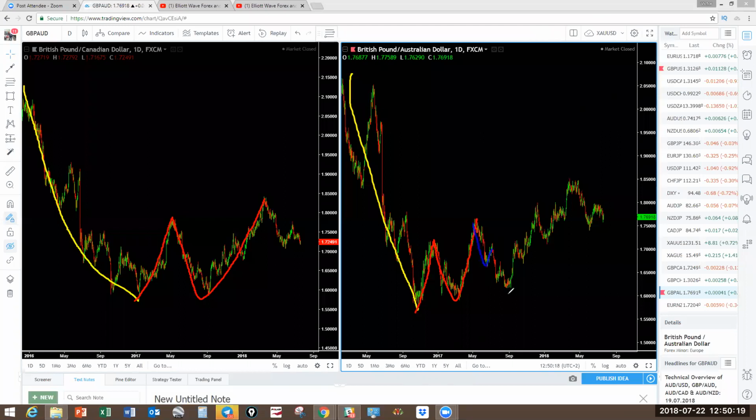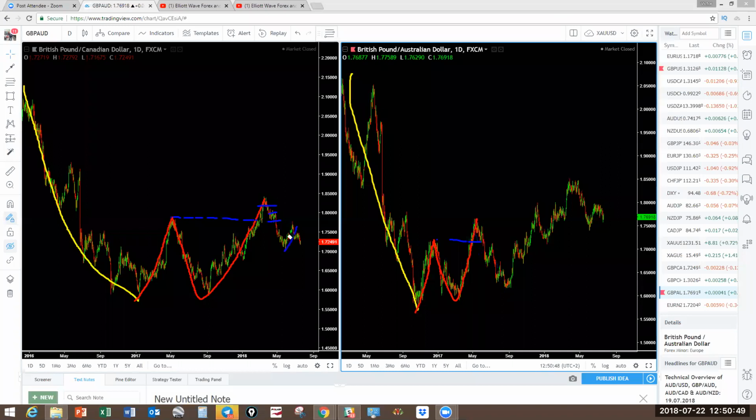1, 2, 3. So we said we are simply going to get pound CAD to retest this level, same as what this one did. Break up here and come down. See here, break up here and come down. That is why we have been selling pound CAD from right there. Every time it corrects, we're selling. We said that it's going to make a bit of a correction, and that is the correction that you're getting here.